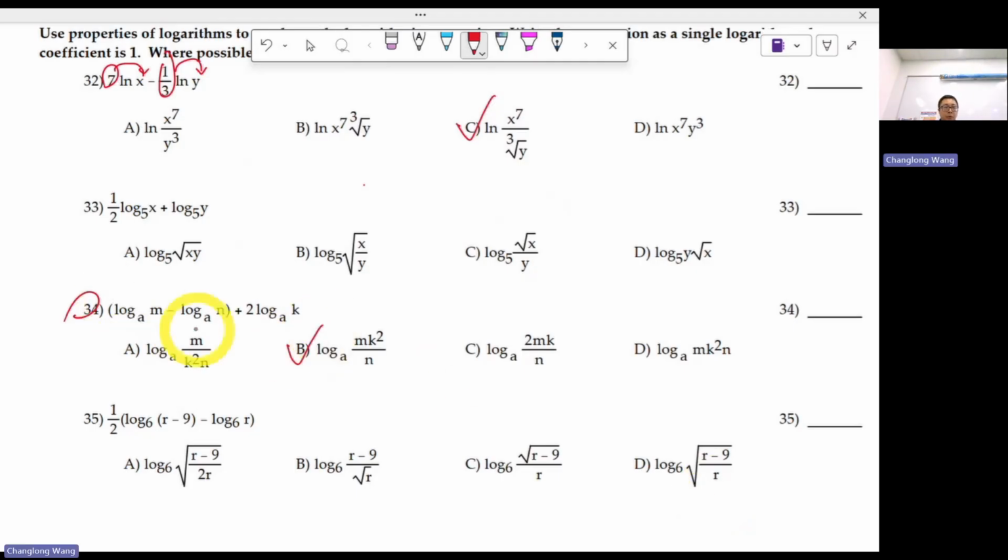All right, in 34, you see a factor of 2, and it's going to go on top of the k. So that's why there will be a k squared. Now, in this case, do you see that they scrambled the order? A term that's associated with an n has a negative sign. That means that has to go to the bottom, right? So they leave you no choice but to pick the letter B.